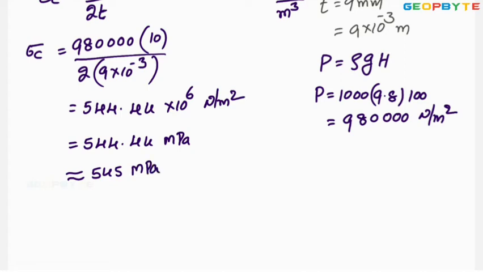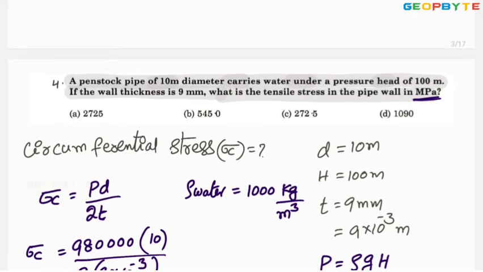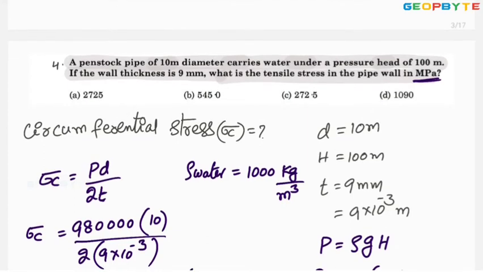So the circumferential stress equal to 545 megapascal. Let us go for the options. Look at the option B. Option B, 545 megapascal. Therefore option B is absolutely correct. I hope you got my point. Let us go for the another problem.